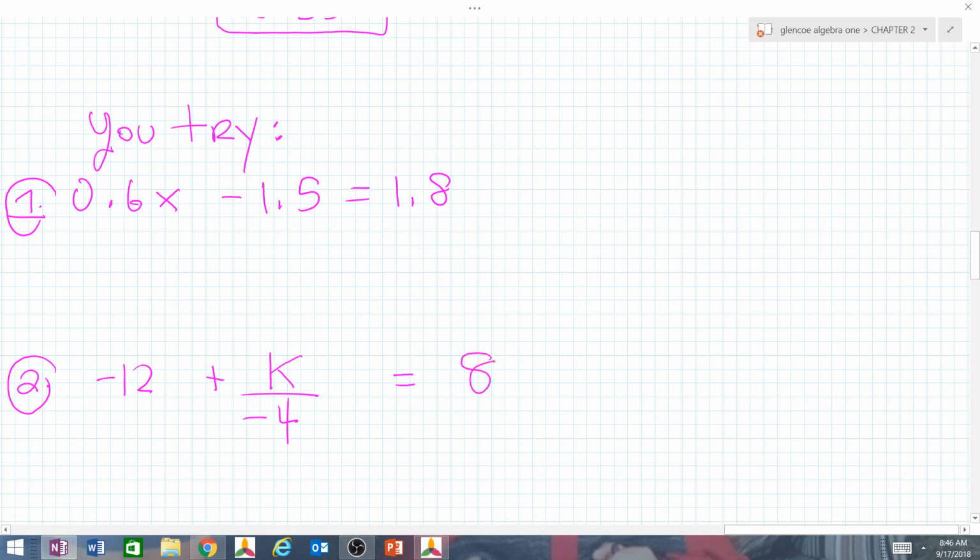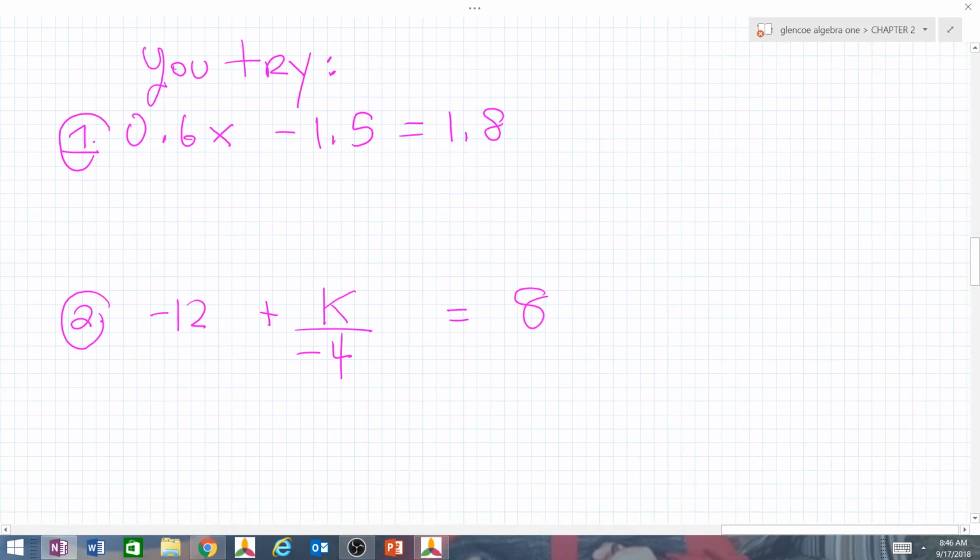So let me give you a hint on number 2. Everybody look at number 2. The first thing you're going to do is you're going to add 12 to each side. Then you're going to solve what's left, and you can do it as an equal proportion. Y'all with me? Yes?